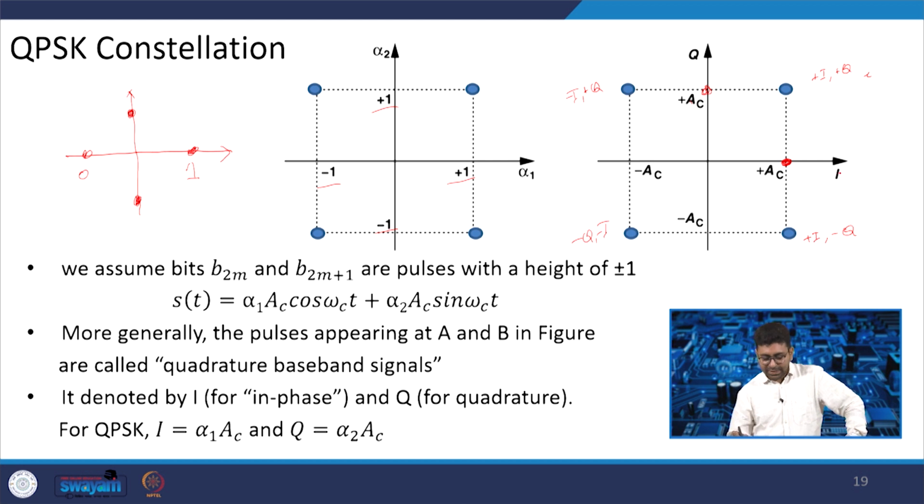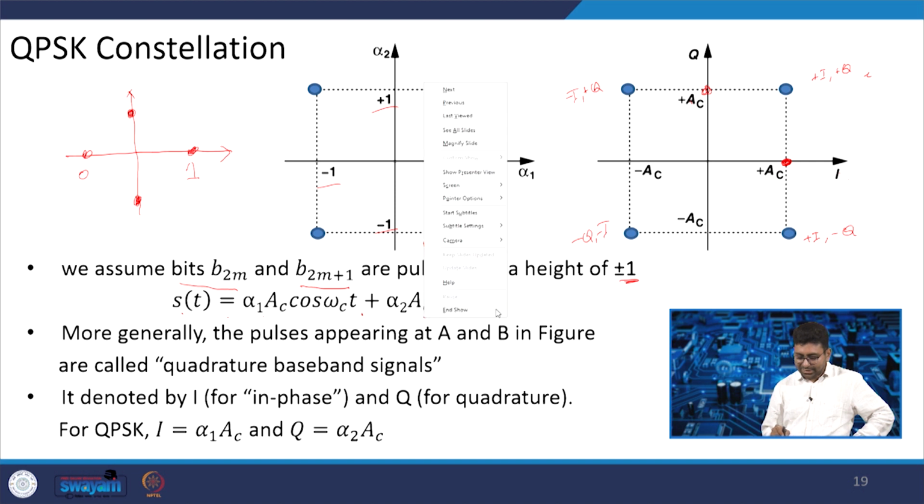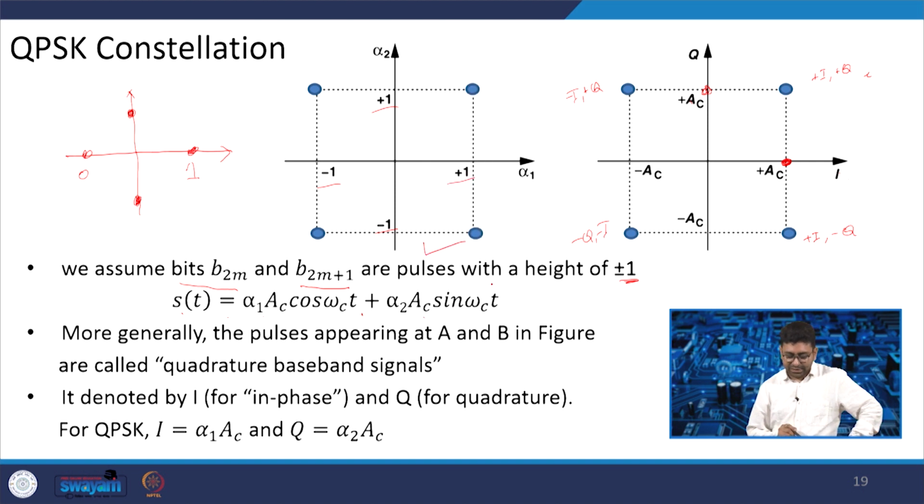The quantities in phase and quadrature phase can be drawn here. We assume the bits b(2m) and b(2m+1) are pulses with height plus or minus 1. So you can write s(t) as alpha1 A_c cos(ω_c t) plus alpha2 A_c sin(ω_c t).